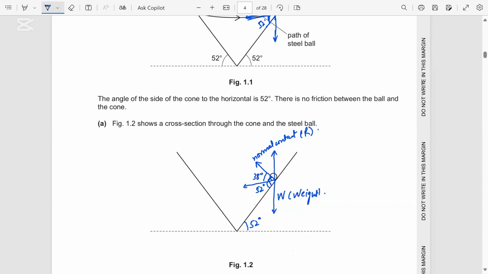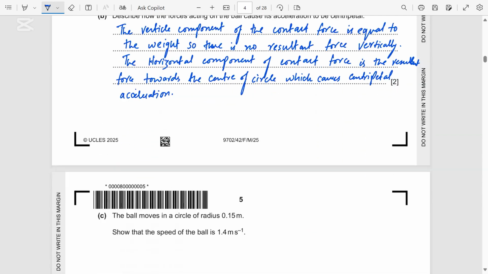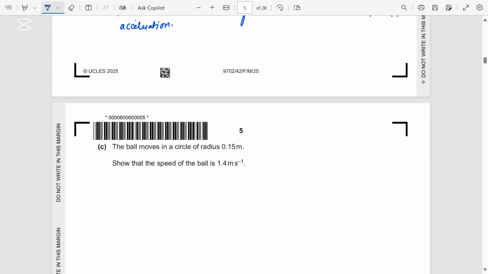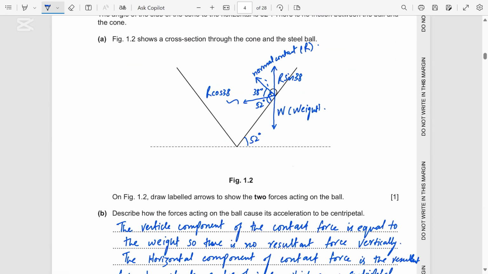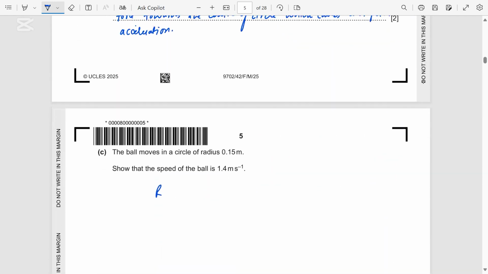Now you know that this R sine theta, which is this R sine 38, that is equivalent to the weight, which is mg. And R sine of 38 here is equivalent to the centripetal force. So what you're going to do here is that you know that R cos 38 is equal to the weight, mg.